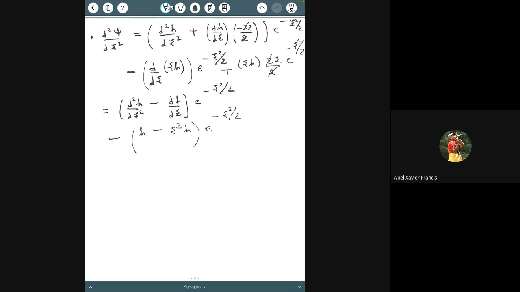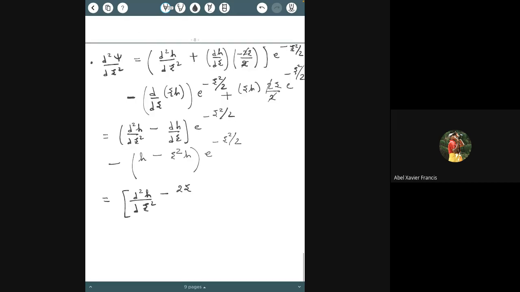Then simplify this a little bit more, maybe d squared h d psi squared minus 2 psi. No, wait, what happened? So this was 2. Did I miss something? Oh, I have missed a psi here.